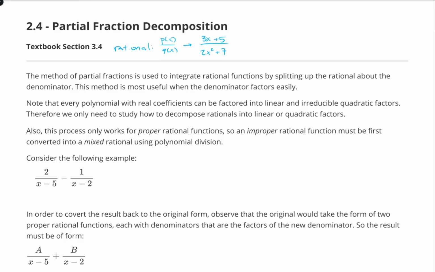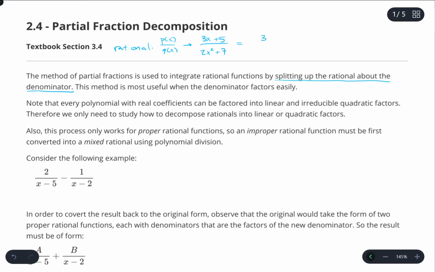Now, what I'm talking about here is giving us an ability to split a rational up about the denominator. So just to make sure you fully understand what I'm saying here, if I wanted to split a rational about the numerator, it would be no big deal, because when we combine two rational functions, if they have the same denominator, all you have to do is add their respective numerators together.